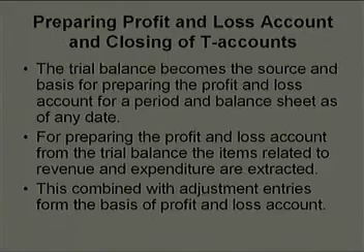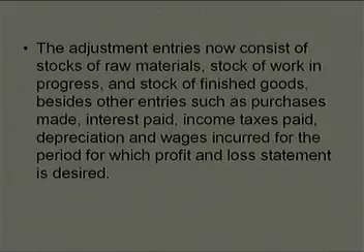Then finally, at the end of profit and loss account preparation, there would be some more T accounts which need to be closed, and any balances are taken back to the balance sheet. We will see with the help of an example how to prepare these statements. So, these are the different steps involved in the process of accounting.